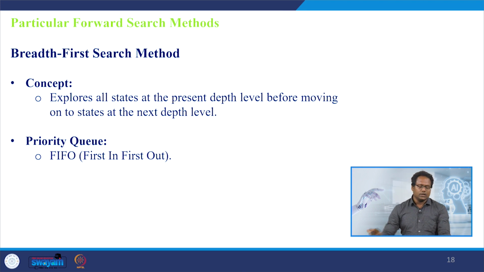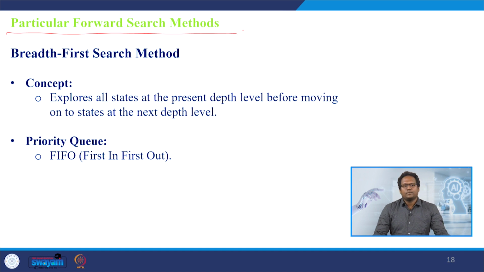Now, let us see the particular forward search methods, which are nothing but the breadth first search method or depth first search method. There are two methods which we are going to see. The first one is breadth first search method. The concept here is it explores all the states at the present depth level before moving on to states at the next depth level.